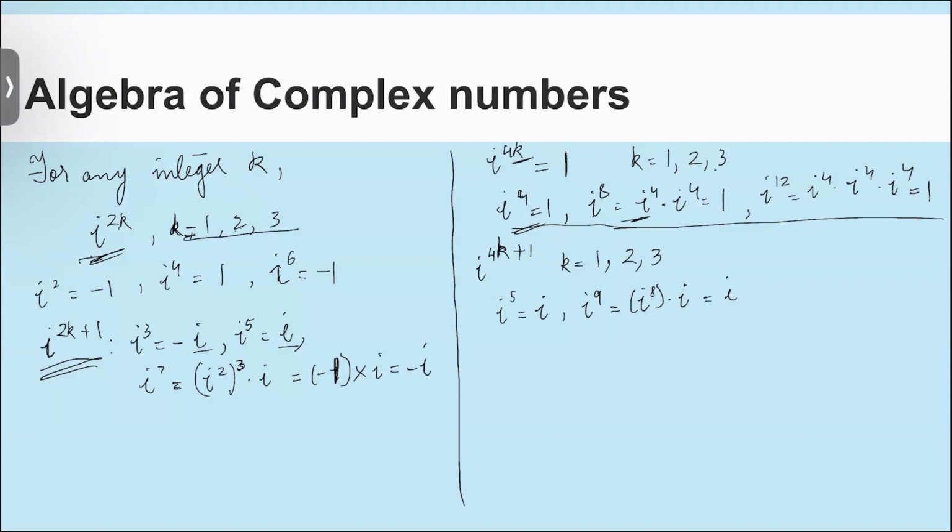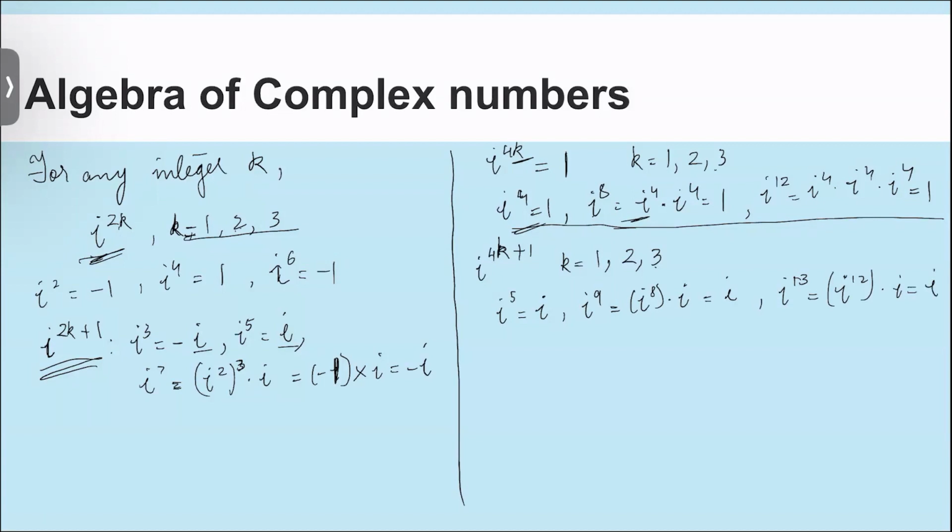Similarly, if you take k as 3, then 4 into 3, 12, plus 1, 13. So i to the 13 you can write as i to the 12 multiplied by i, and that again becomes i.